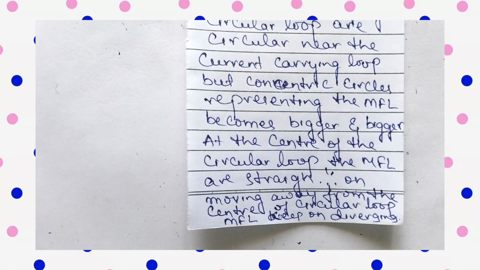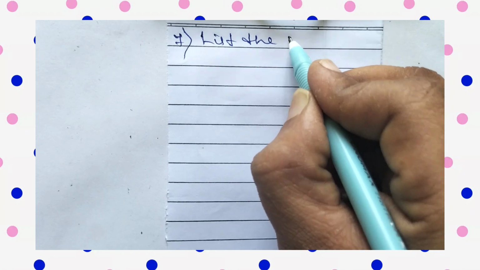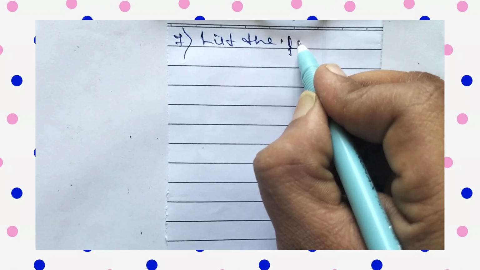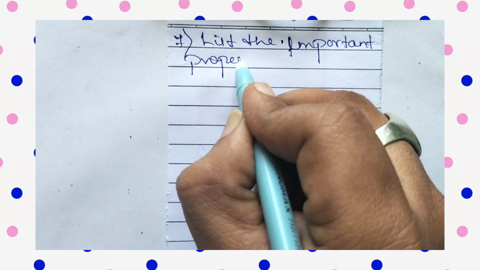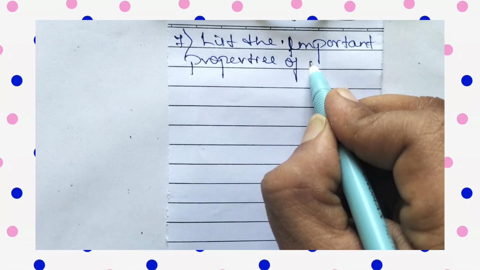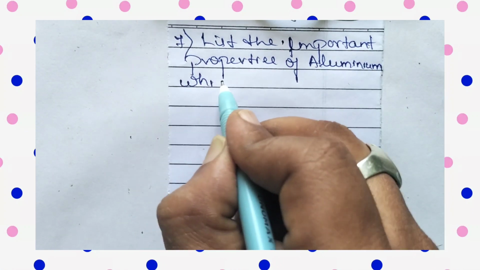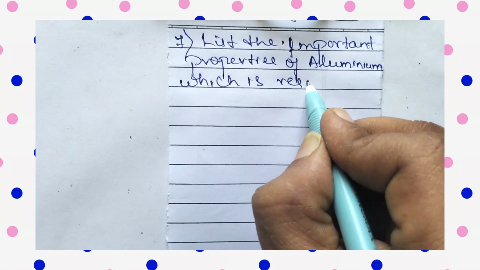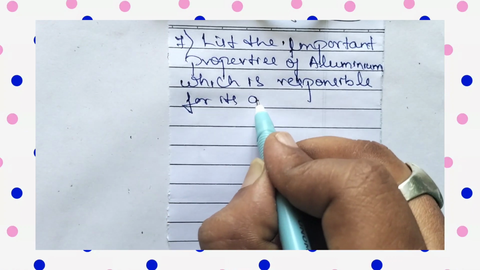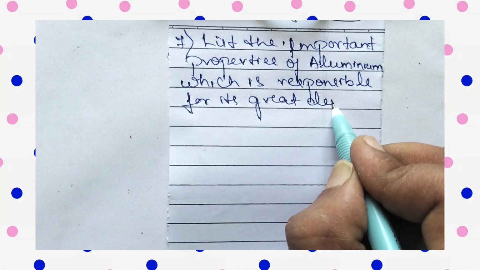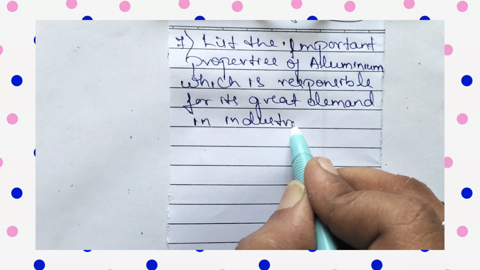Now let us move to the 7th one. List the important properties of aluminium which are responsible for its great demand in industry.